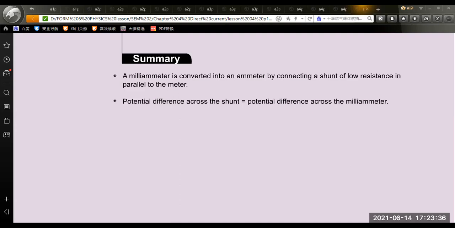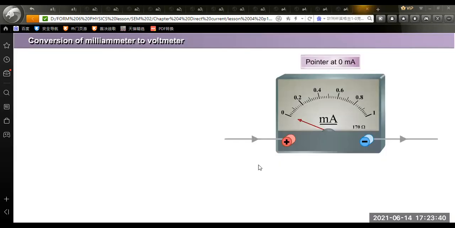Ladies and gentlemen, let's look at another slide. Now we want to convert the same milliammeter into a voltmeter. Just now it was an ammeter. For a voltmeter, we must reduce the voltage.